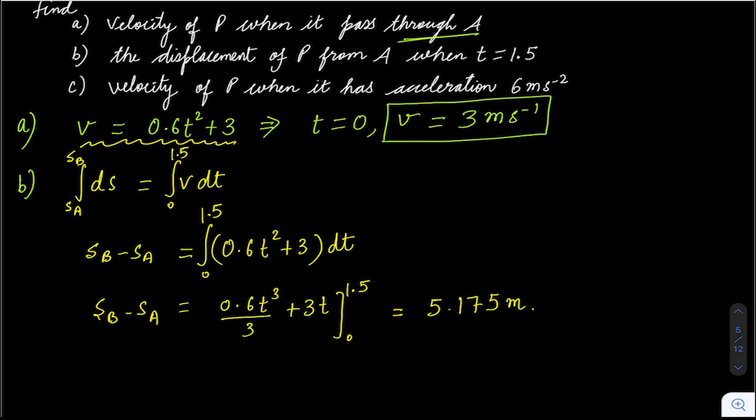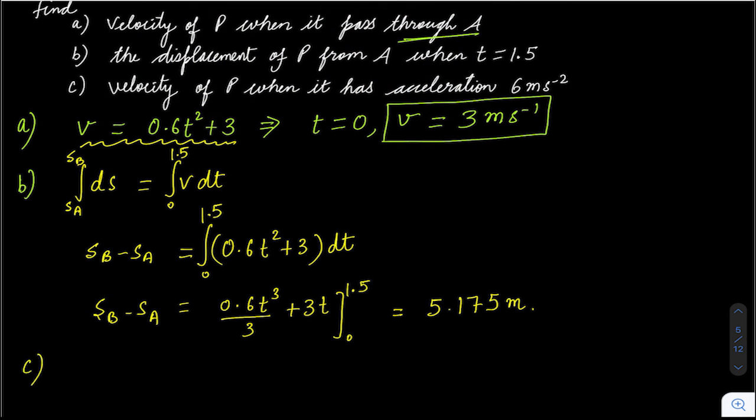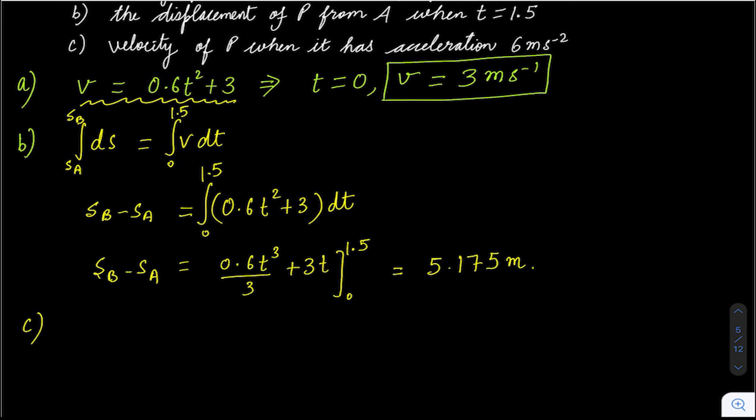Okay, let's try the C part now. What it says in the C part: velocity of P when it has acceleration of 6 meter per second square. Okay, velocity is given. They are asking for acceleration as 6. So let's first find what's the acceleration. dv over dt is acceleration, that is the differentiation of 0.6 t square plus 3, that is 1.2 t.